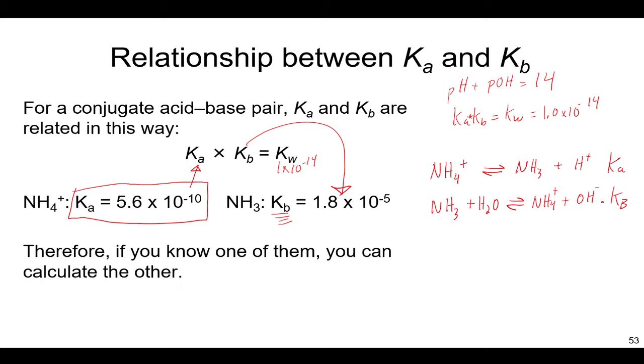And now think back to our previous lectures on equilibrium, where we talked about manipulating equations and how that affects equilibrium constants. Let's try to add reaction 1 and reaction 2 together. When we add these two reactions together, we see an NH3 on both sides, that cancels out. We see an NH4+ on both sides, that cancels out.